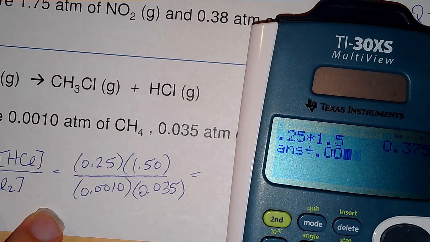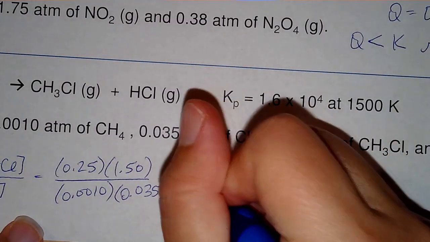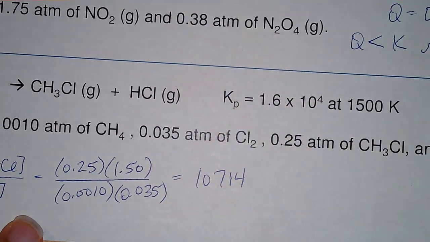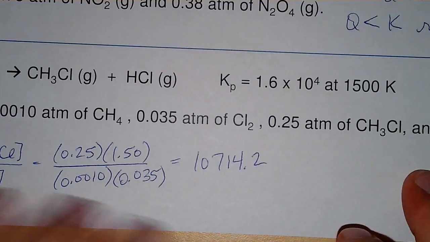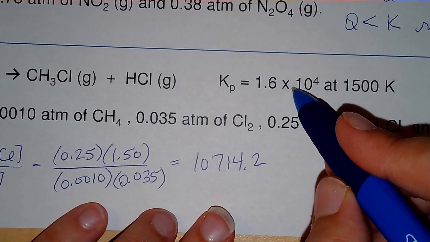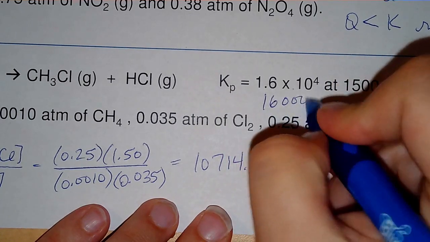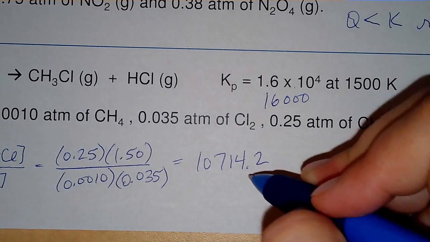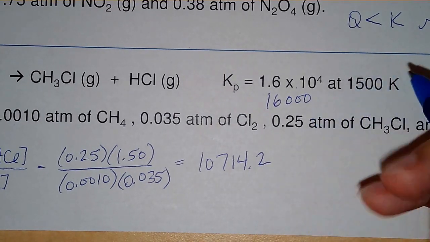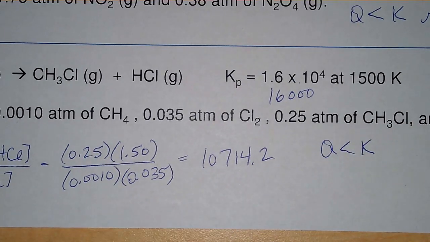Q is 10,714.2. If we compare it to the Kp that we already have, remember this is going to be 16,000, then our Kp is going to be larger. So Q is less than K. We're not quite at equilibrium, so this one's going to go to the right.